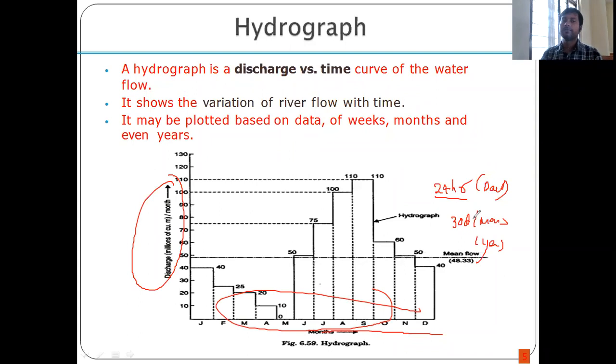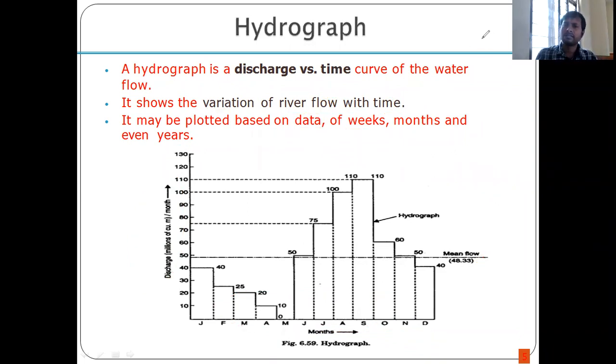It shows the variation of water flow with respect to time, and it may be plotted based on daily, weekly, monthly or yearly data. Based on this, we need to draw this curve.